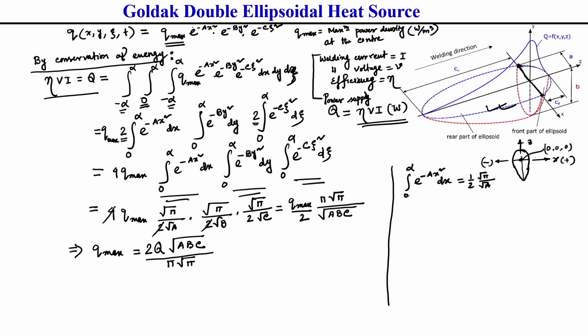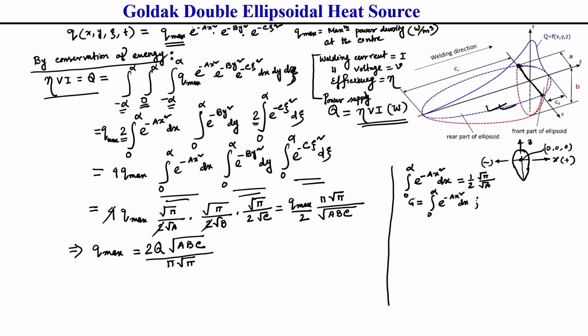Let us consider, I am deriving this here itself, let us consider g is equal to integration of 0 to infinity e to the power minus a x square dx.